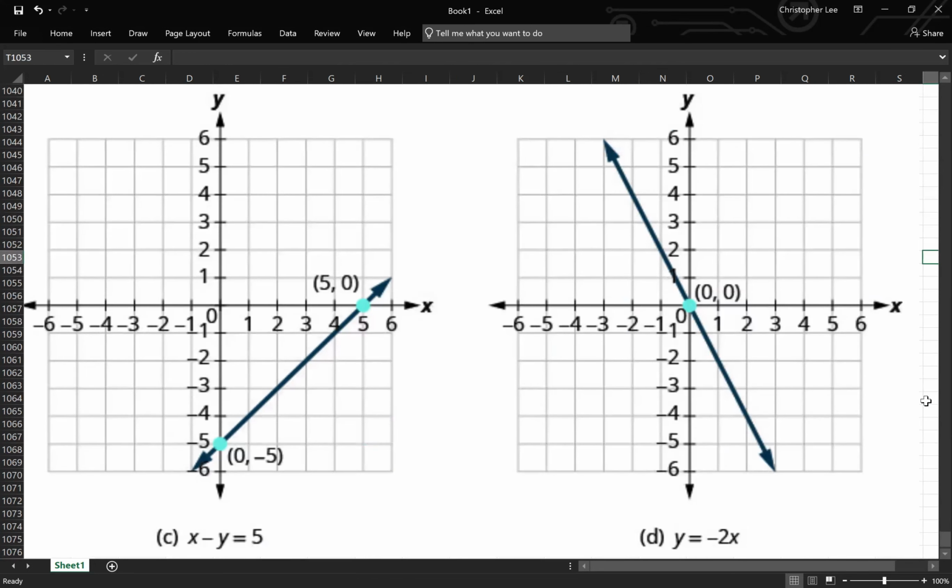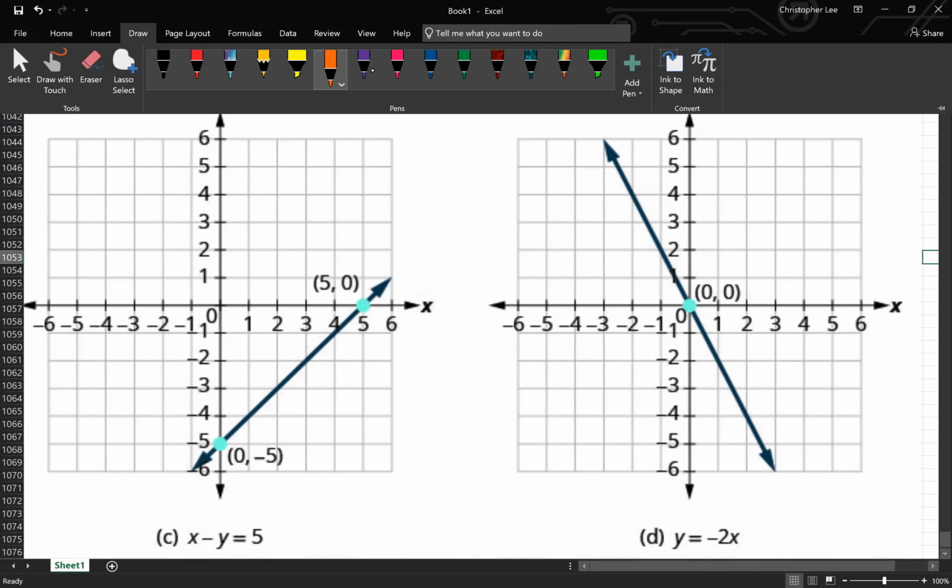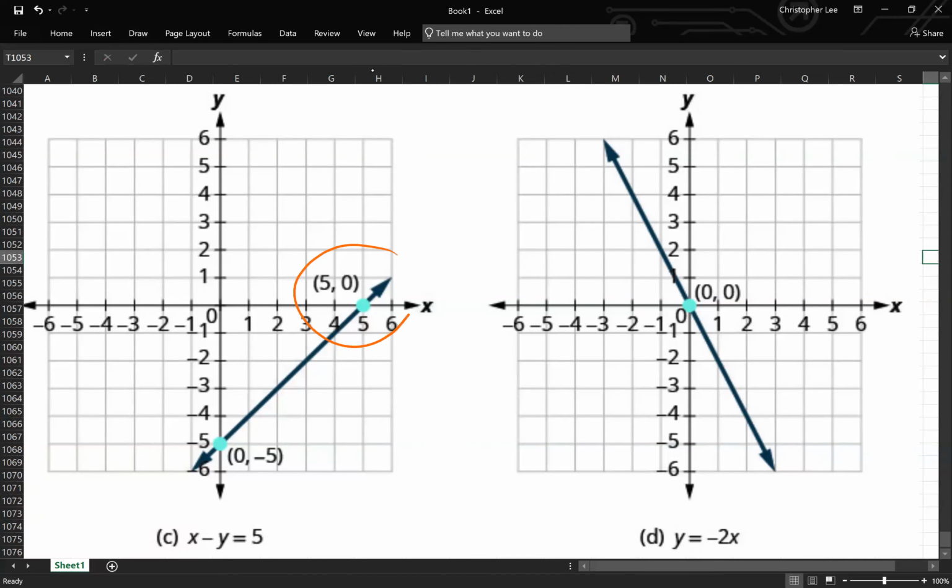Let's look at the one on the left. What's the x-intercept? Very good. What's the y-intercept? All right. And this is our equation down here, x minus y is equal to 5. But anyway, how about this last graph? What's the x-intercept? Good. What's the y-intercept? It's also the y-intercept. Very good.